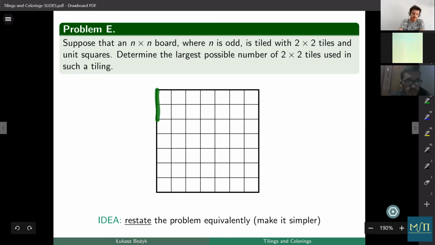Okay, so for example, again, let each 2 by 2 square, regardless of its placement, cover one cell of each color. Let's try to design such a coloring. So for example, we can have this square red, this one yellow, this one green, and this one blue.